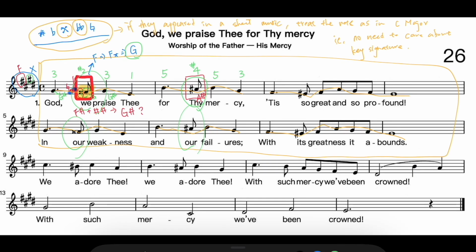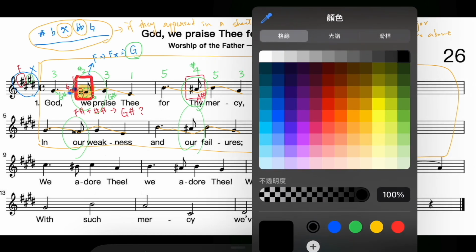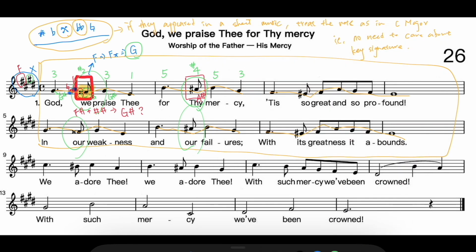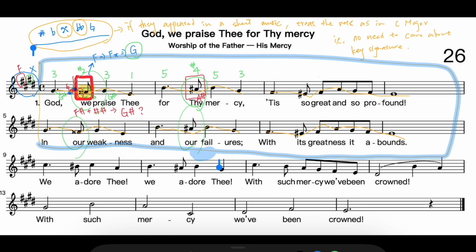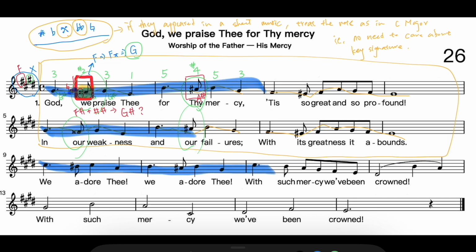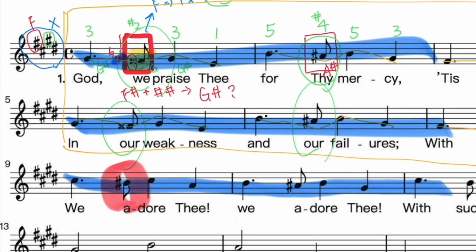So according to this, actually there is a very easy rule to understand. Like here, if you see, these three lines actually are the same, right? So if you see here is a sharp, it means what? It means the next will be upward and upward.